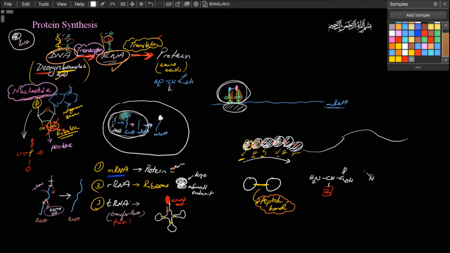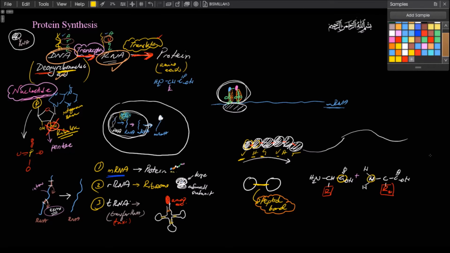There's a hydrogen over here, there's a hydrogen over here, that's a nitrogen, by the way, and there's an alpha carbon, and that's the carboxylic acid group. We'll call this one the second amino acid, so R2. So those are two amino acids. When two amino acids combine, the peptide bond occurs between this carbon and this nitrogen.